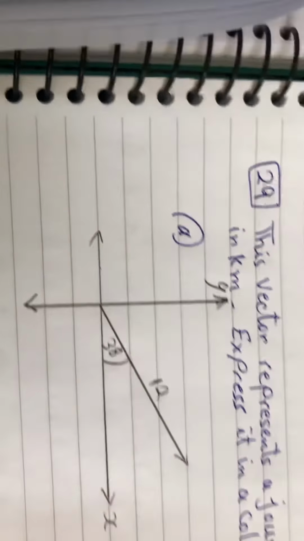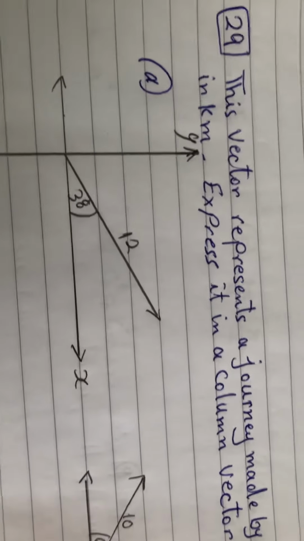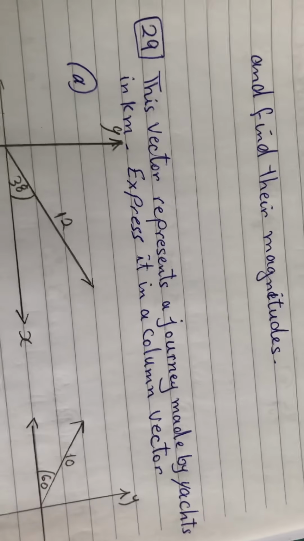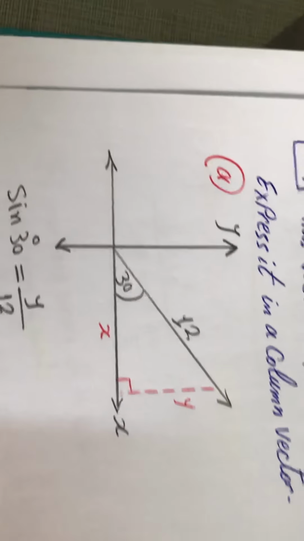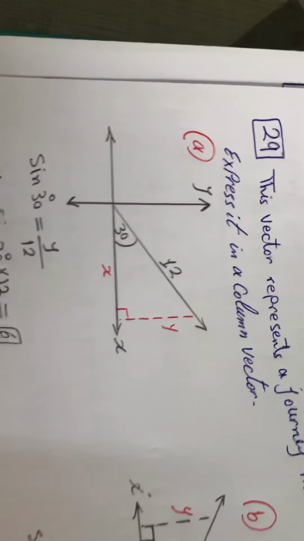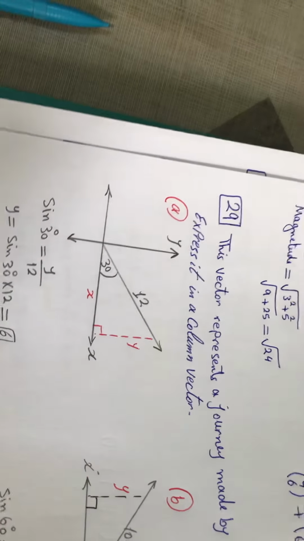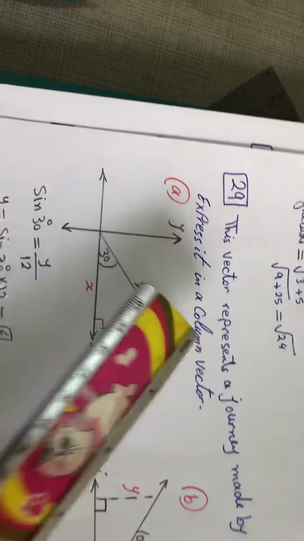Okay, and here in such kind of problem, how can I find the column vector? In this way, I complete my drawing to get a column vector with y up and x.